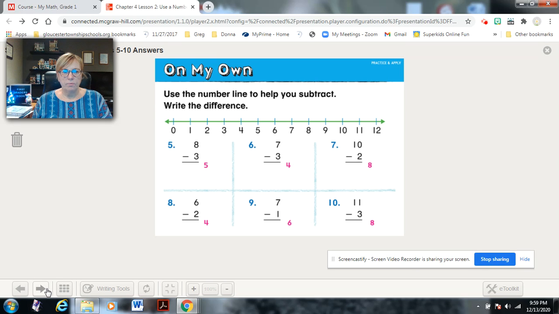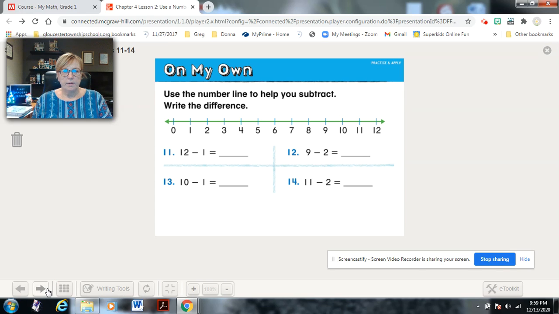Okay, here we go. Check your answers, and if you need to, pause now to check them. All right, and again, continue to use the number line, write the difference, pause and solve. And here are your solutions.